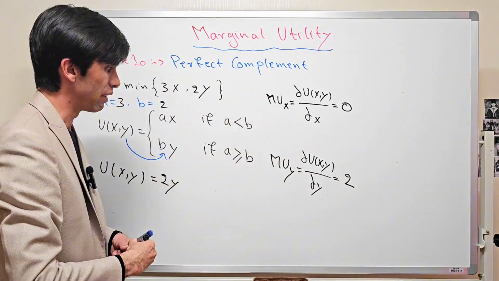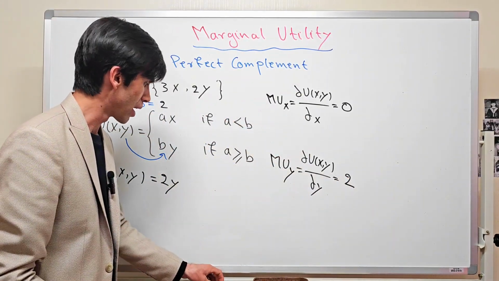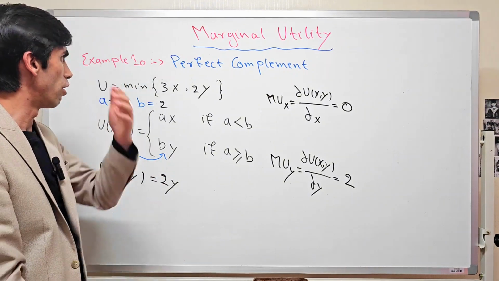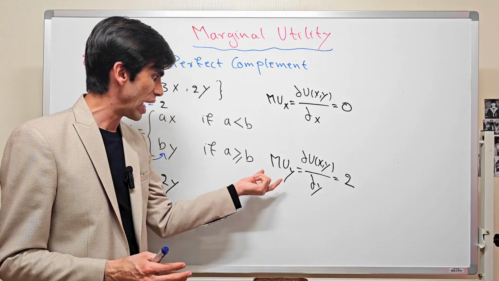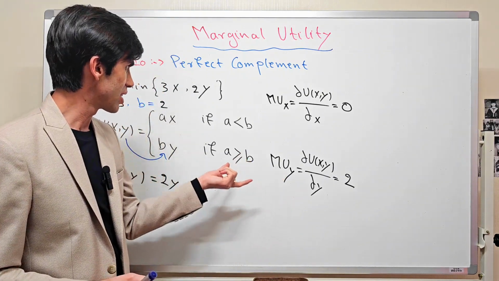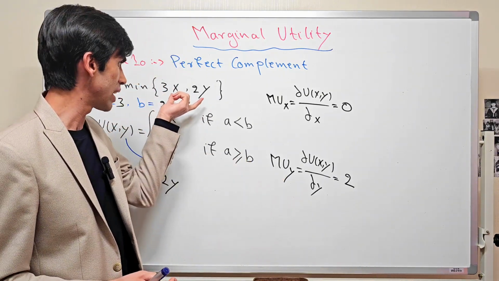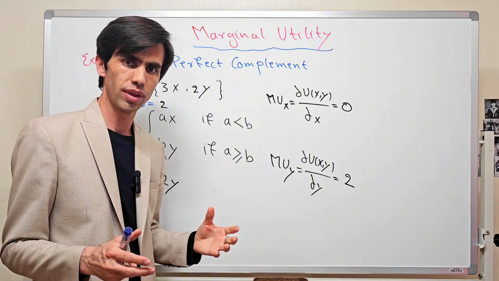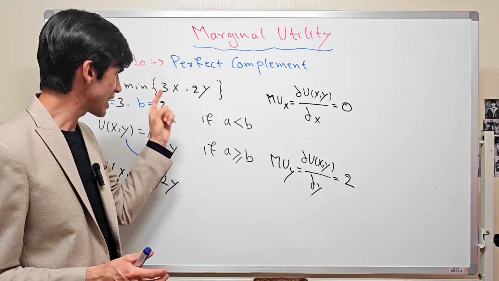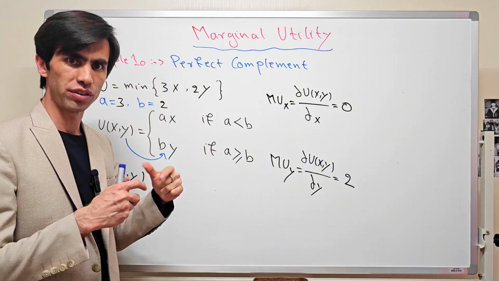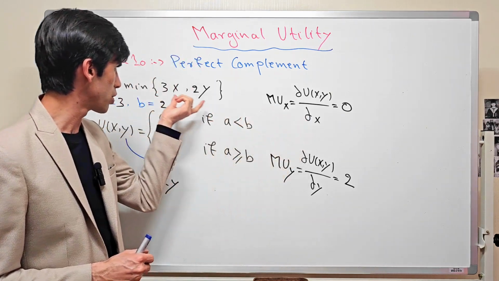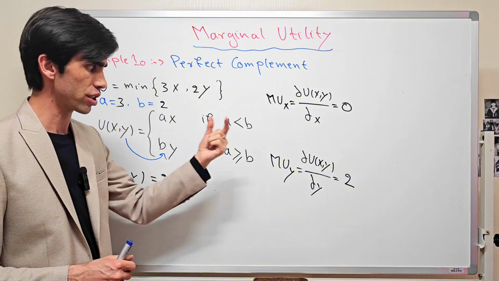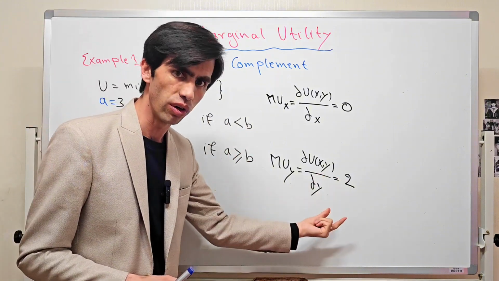So now we clearly understand that the marginal utility of a min function or perfect complement depends on which one is the minimum value. If x has the minimum value in this function, then the marginal utility of x will be equal to the coefficient of x, and the marginal utility of y will be equal to 0.